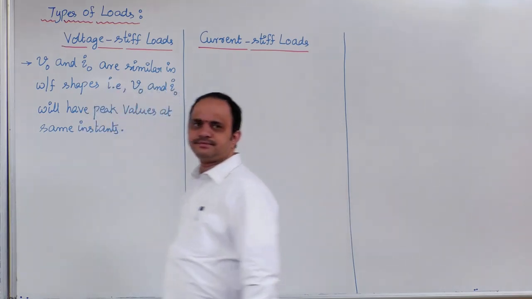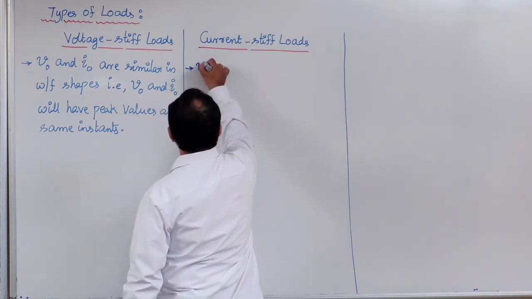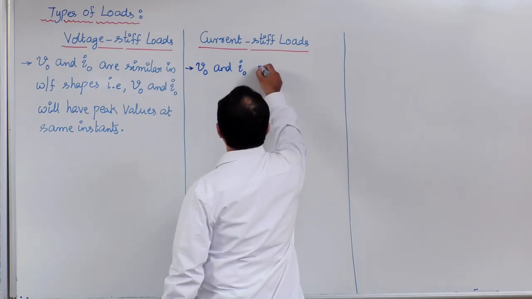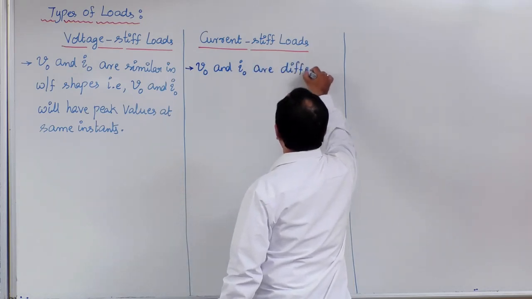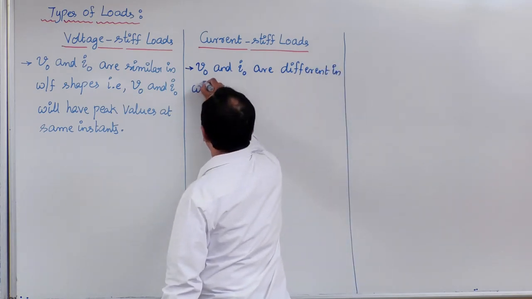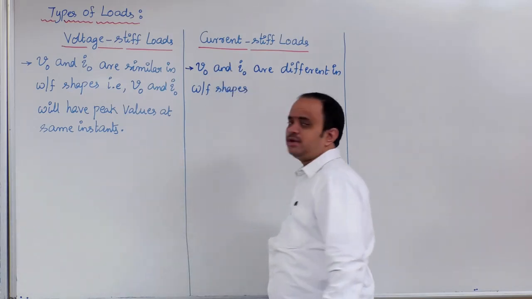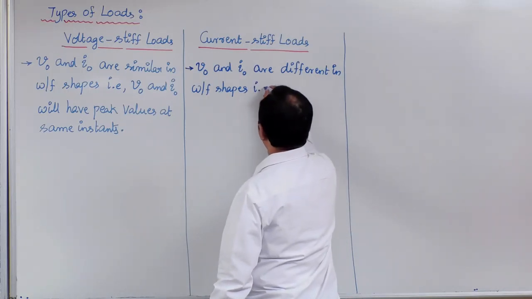On the other side, V0 and I0 are different in waveform shapes. Both will have their own waveform behavior. Okay, we'll see the reasons.